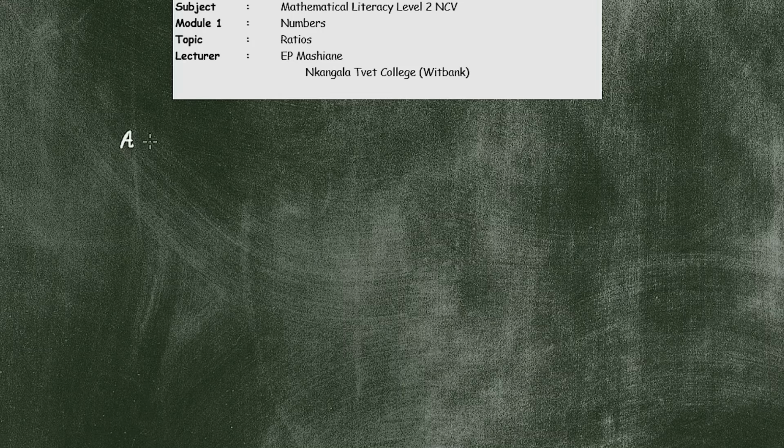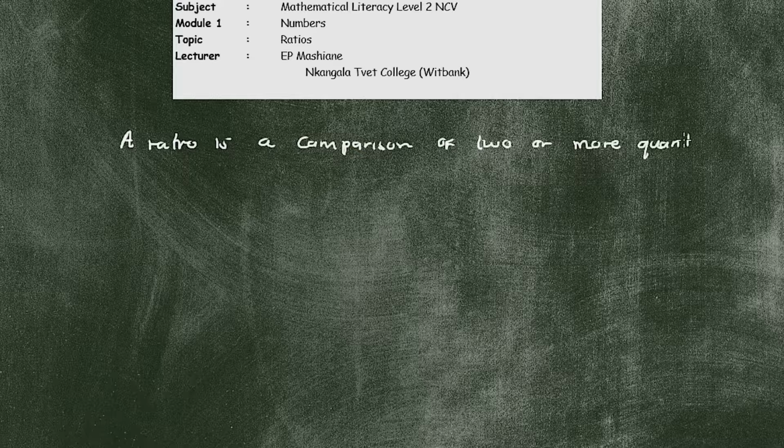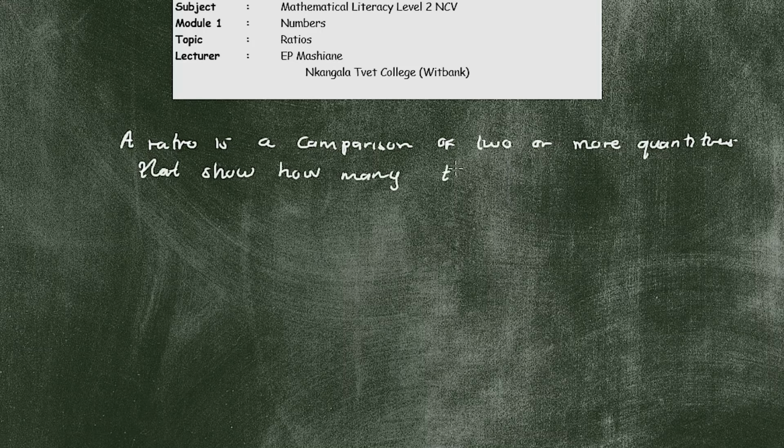So a ratio can be defined as a comparison of two or more quantities that show how many times one value contains or is contained in another.